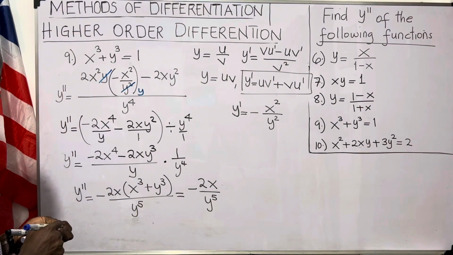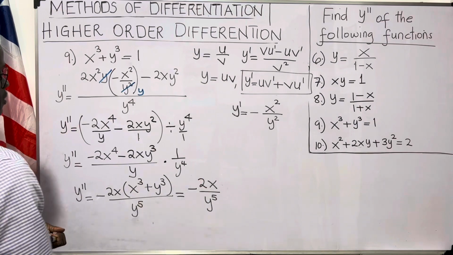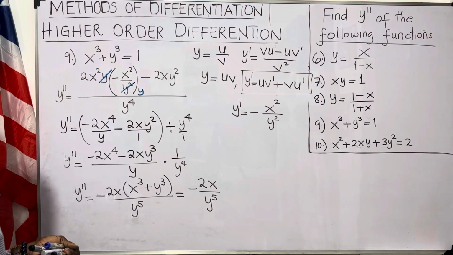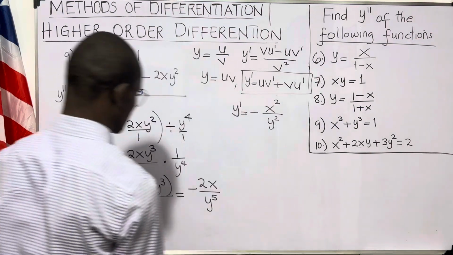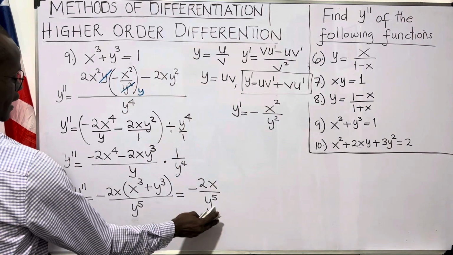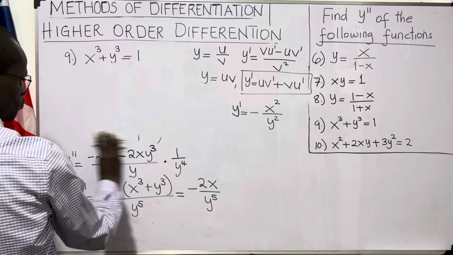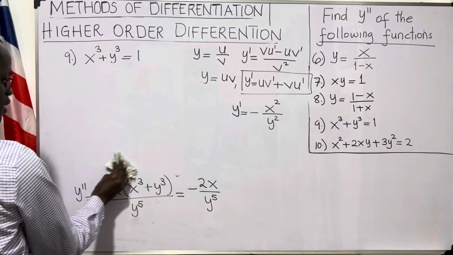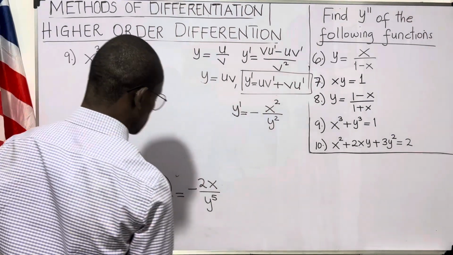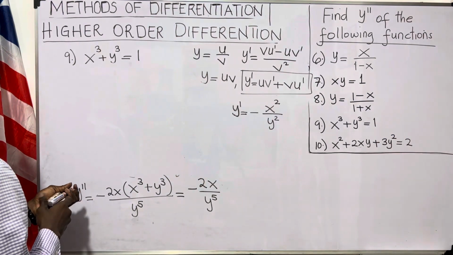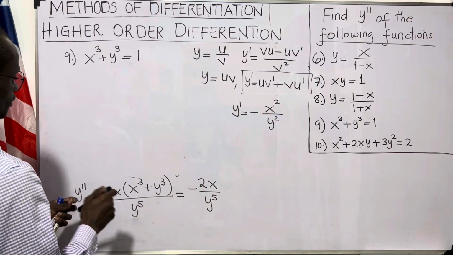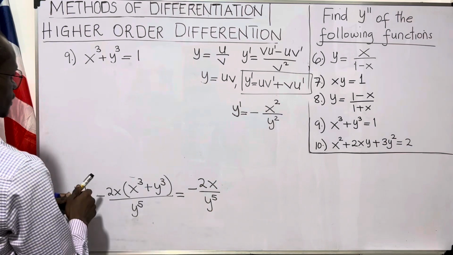So if we want to rewrite this expression in terms of only x, we can leave it as it is, right? The reason why you can leave it as it is, is because in some problems it might be very, very challenging for you to rewrite it. So you can just leave it as it is.